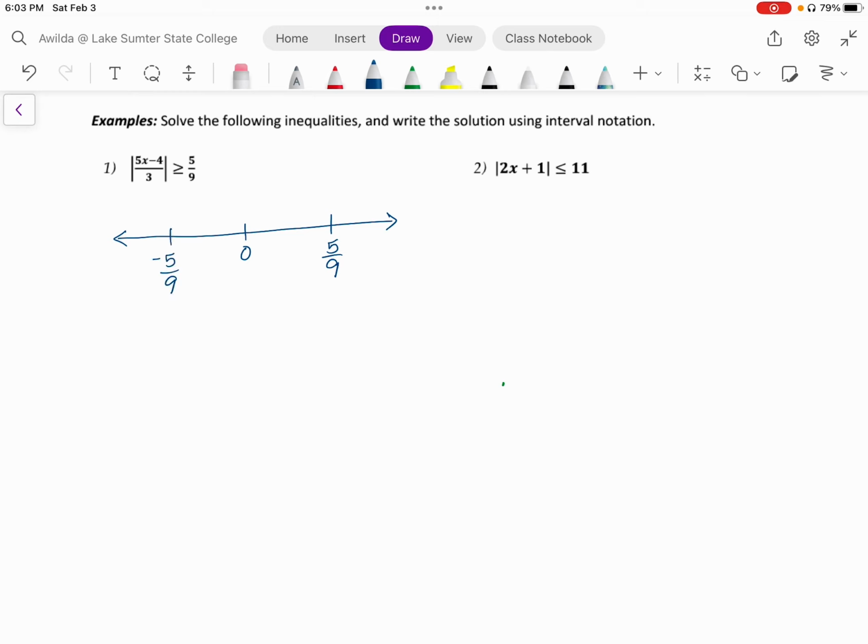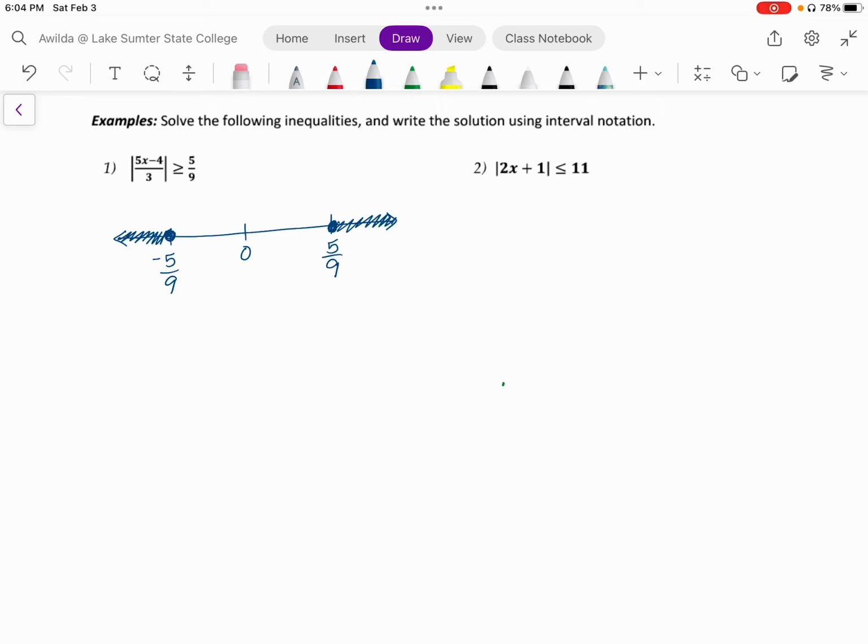The quantity 5x minus 4 over 3 could be at either one of these two locations because this is a weak inequality, but it also could be further than 5 over 9 units away from 0. So it could be to the left of that as well, or to the right of the second number.